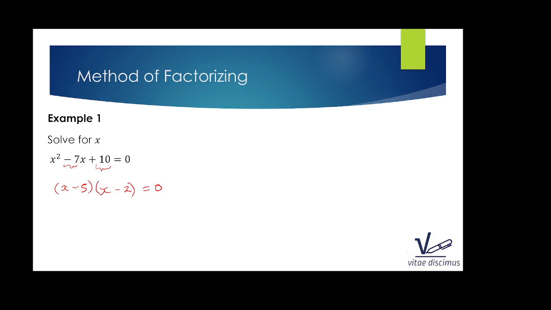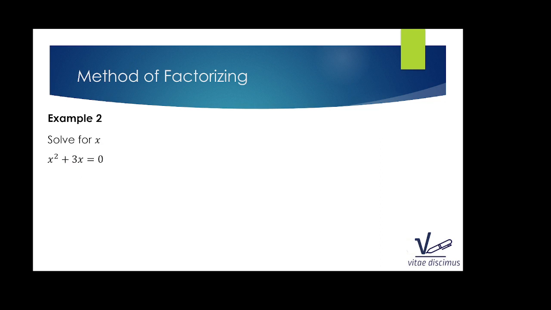That helps us obtain our roots: the first bracket gives us 0 when x equals 5, or the other bracket gives us 0 when x equals 2. Those are the two solutions for that equation.